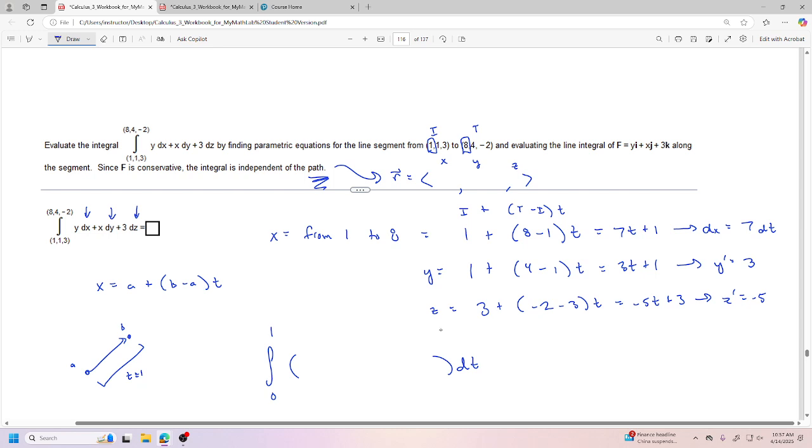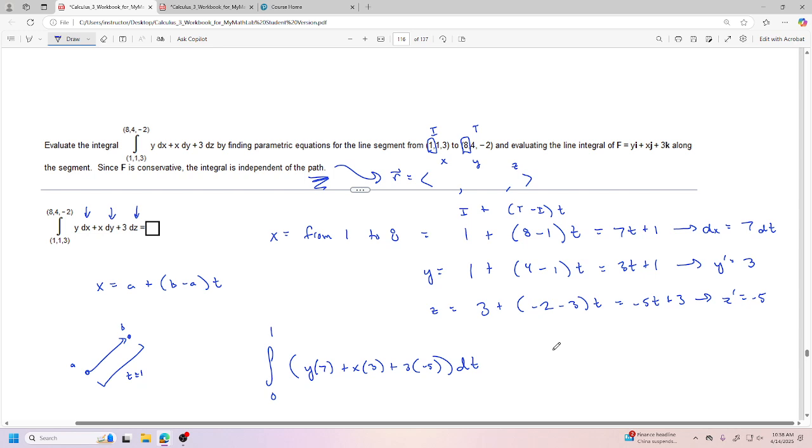So my answer right now, what I want to do is y times 7, x times 3, 3 times negative 5. See how I'm plugging them in directly? But wait, I can't do this one yet.